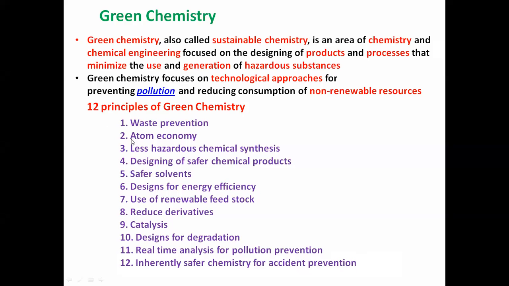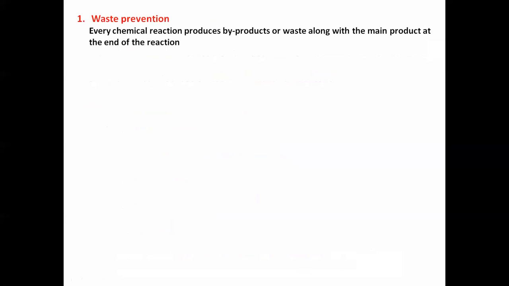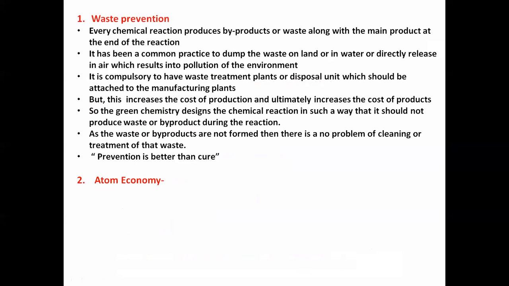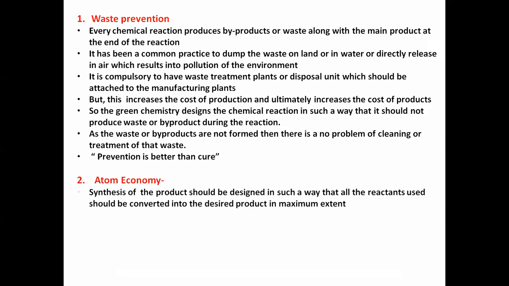Now we will concentrate on principle number 2 as far as prerequisite is concerned: atom economy. Waste prevention we will see in detail later on. So we will be concentrating on atom economy. What does atom economy say? Synthesis of product should be designed in such a way that all the reactants used are converted into the desired product to the maximum extent.